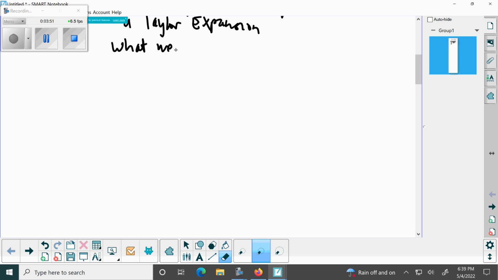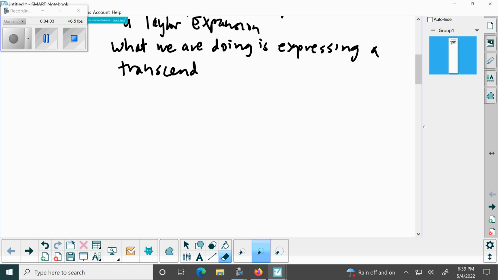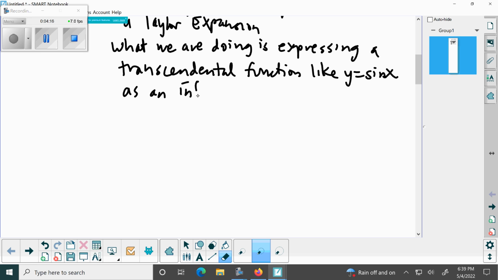So what we are doing is expressing a transcendental function like y is equal to sine x as an infinite polynomial. Okay, let's take a look.